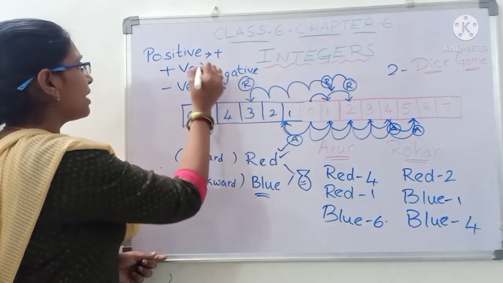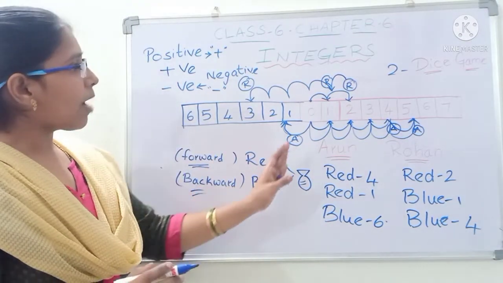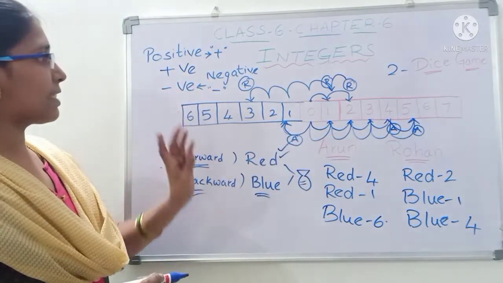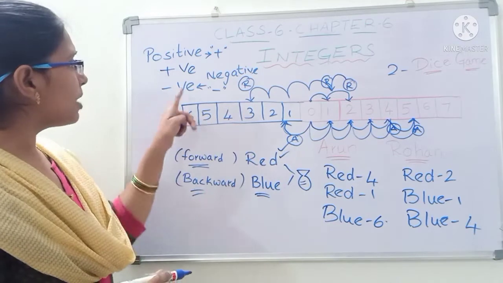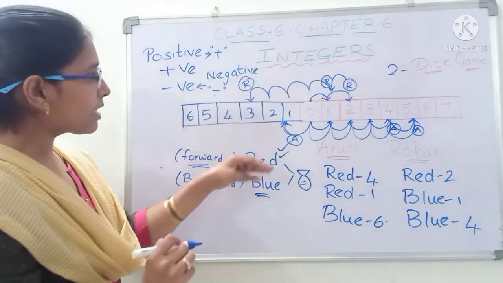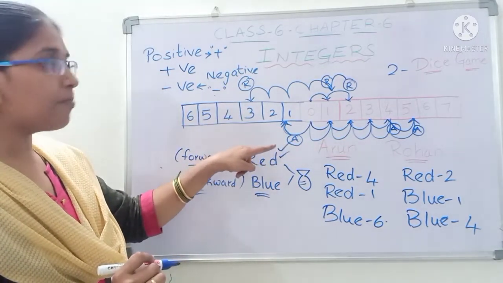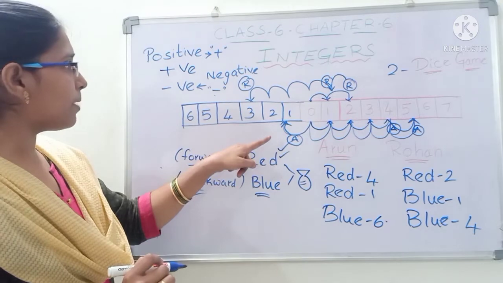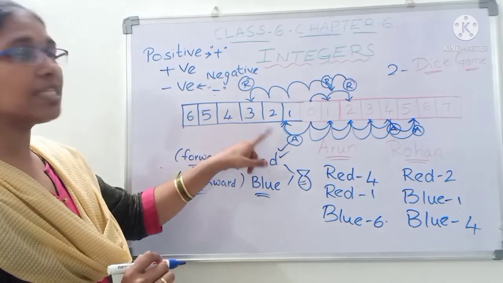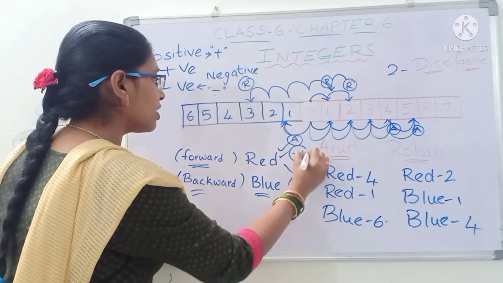The symbol is minus here and plus here. For all numbers above 0, we use the plus sign. For all numbers below 0, we use the minus sign. That means here, instead of saying Arun's position is 1 step below 0, we can simply say Arun's position is minus 1.